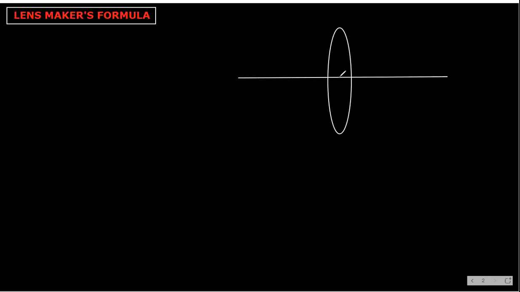Right, this is the optical center, and let us suppose one object we have kept here. Already I have denoted this as the optical center O. So I am denoting this object as A.